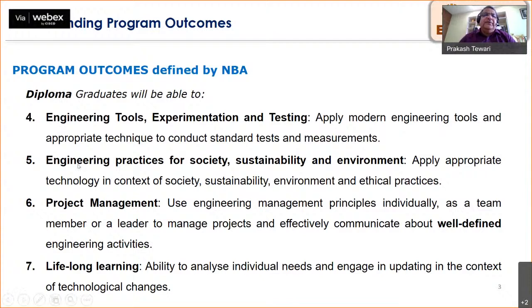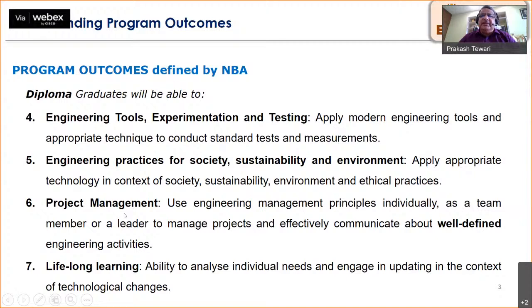And when it comes to the fifth PO of diploma, they have clubbed engineering practice and society, sustainability and environment, and also ethics. 6, 7, 8 of the undergraduate engineering program have been clubbed and called 5.